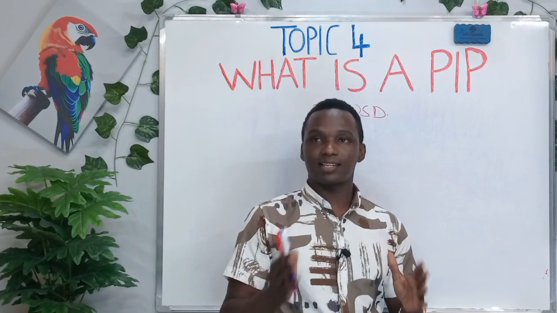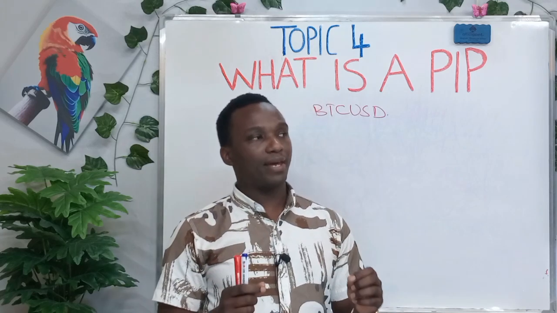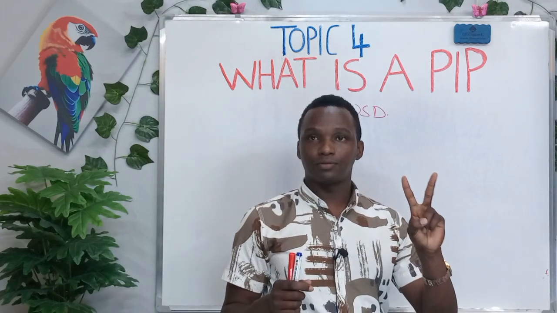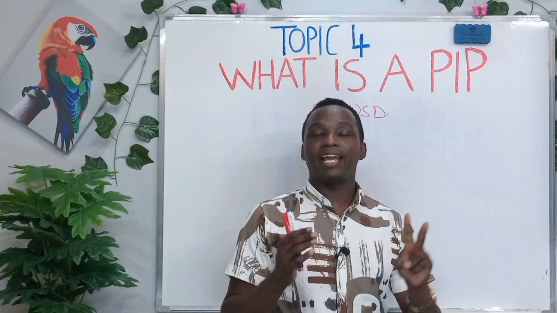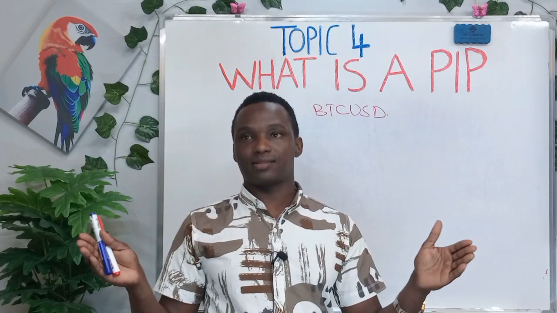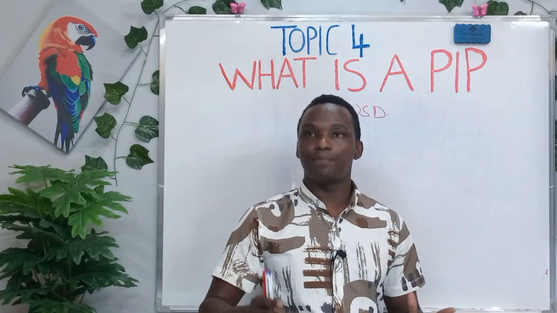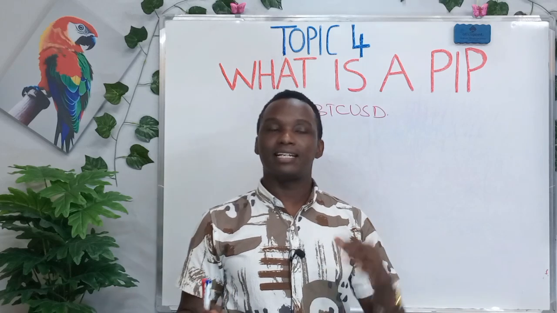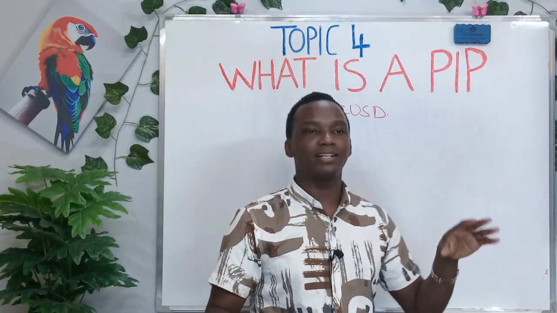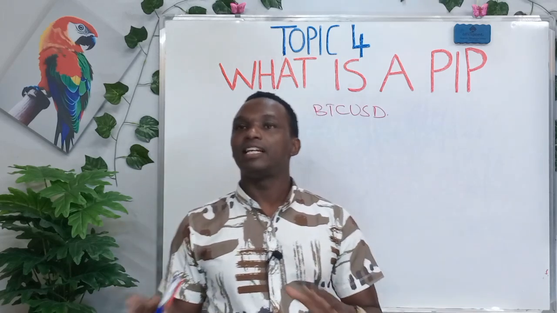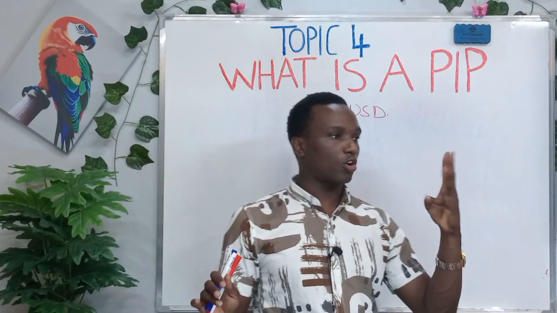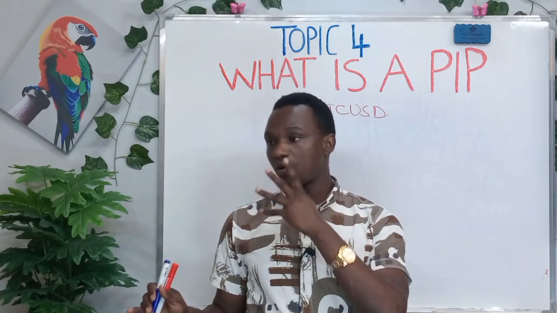Sure. As we had said earlier, JPY pairs are expressed to 2 decimal places. All right? And any other currency, be it Euro USD, GBP USD, USD CAD, CHF CAD, NZD, all of those are expressed to 4 decimal places.